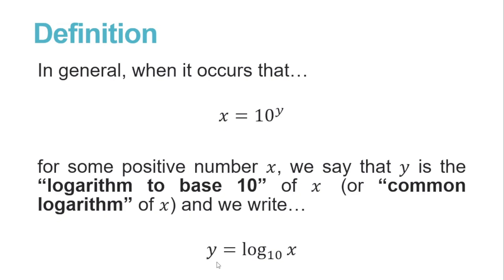For example, if x is equal to 100, then y is equal to 2, because 10 raised to 2 is equal to 100. So log base 10 of 100 is equal to 2, right?